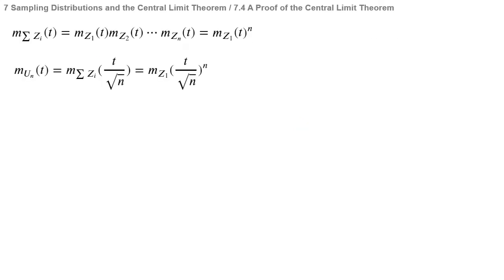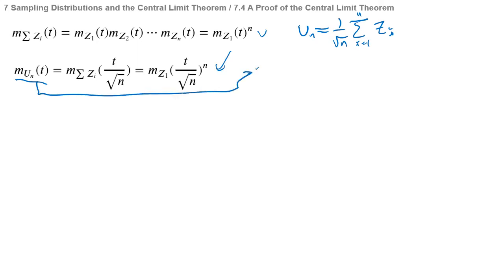So we have this, and for the moment generating function of Un(t), we know that Un is 1 over square root of n times the sum from i equals 1 to n of zi. So we know this, and from here we can get this one.